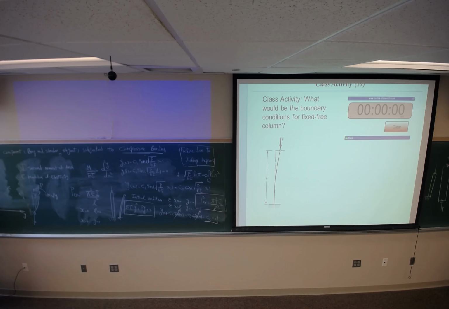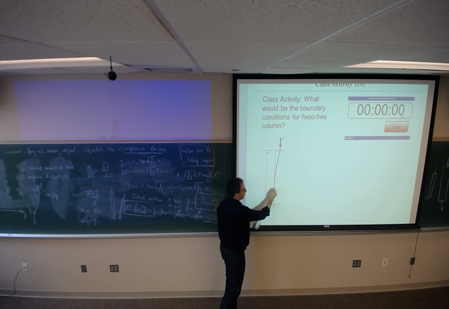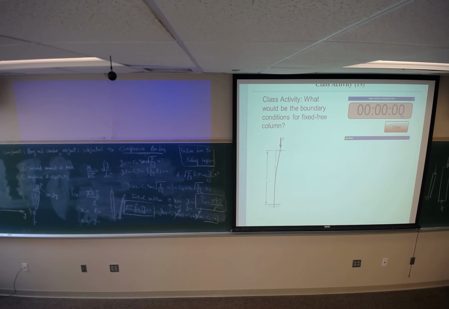Here, when I have a pin, if I ask you what the slope of the beam would be, y prime is going to be the slope here. But for a fixed end, we don't have any slope at the starting point because it has been fixed. It cannot rotate about that point.